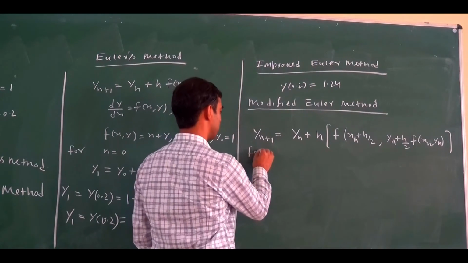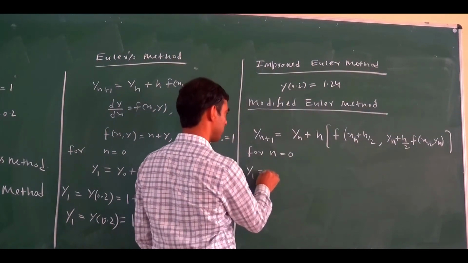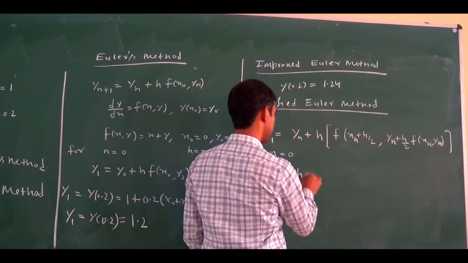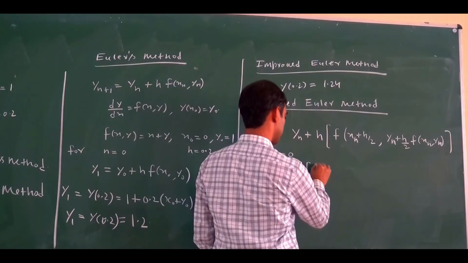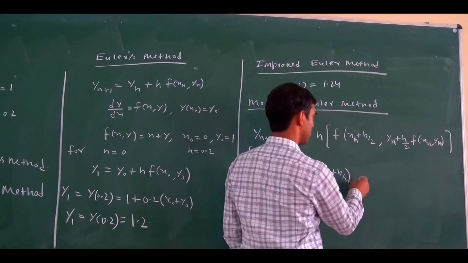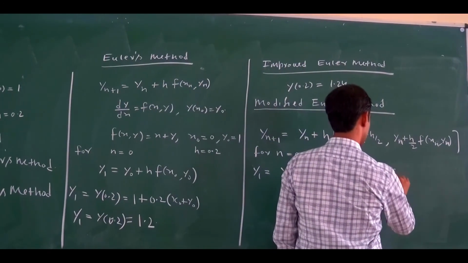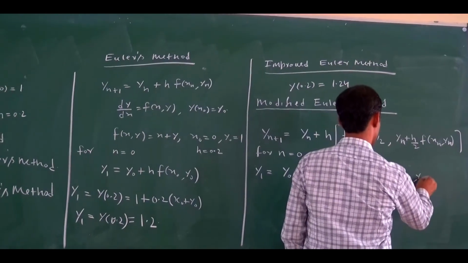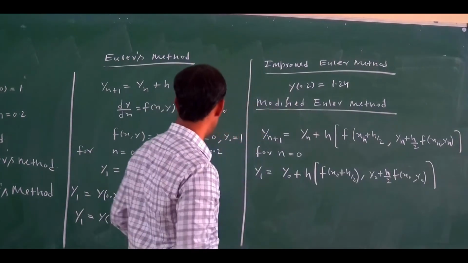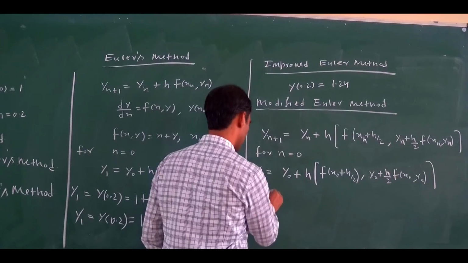So for n equal to 0, y1 becomes y0 plus h inside bracket f of x0 plus h by 2, y0 plus h by 2 f of x0, y0. So by putting the values of x0, y0, h and f of x, y, this becomes y1 equals y0.